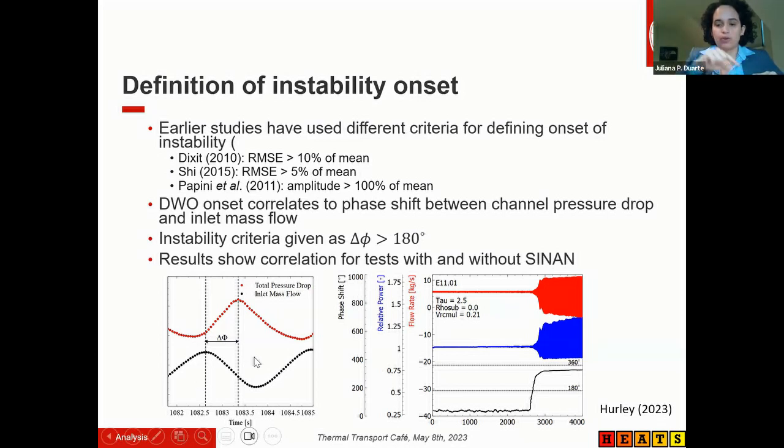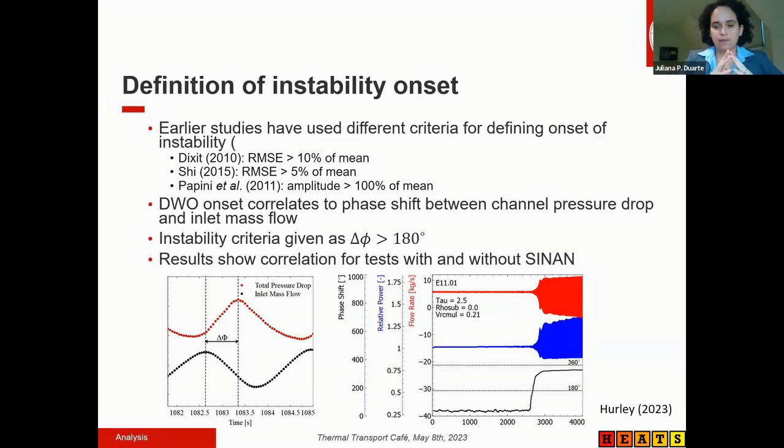They grow and go completely out of phase. It is the moment when these oscillations grow in a significant way. And after that, if you don't have critical heat flux, you're just going to have these very large oscillations that could lead to dryout and rewet cycles.